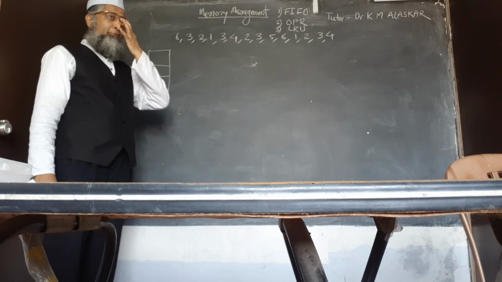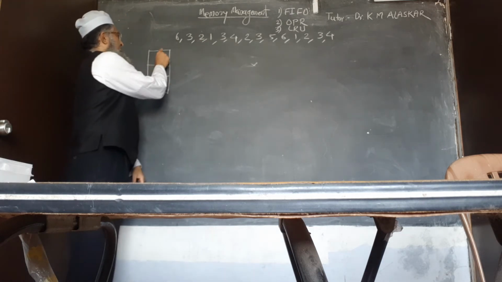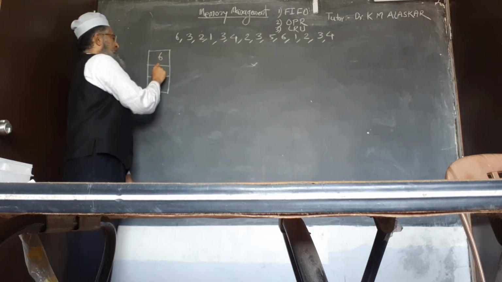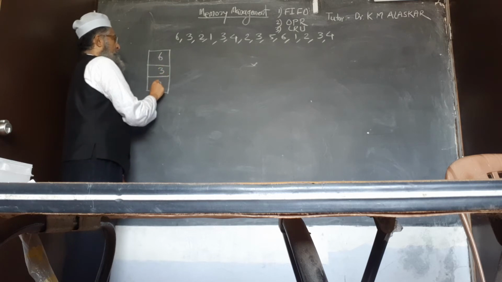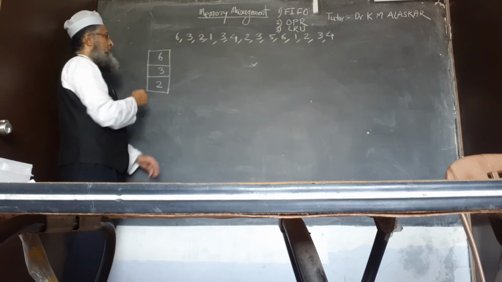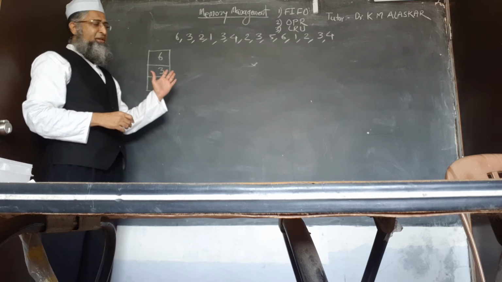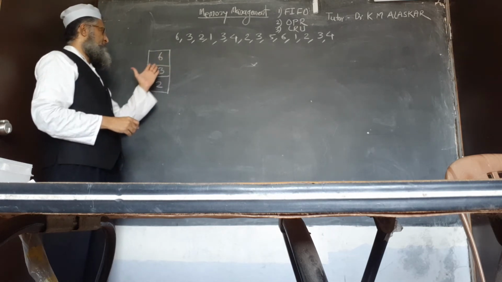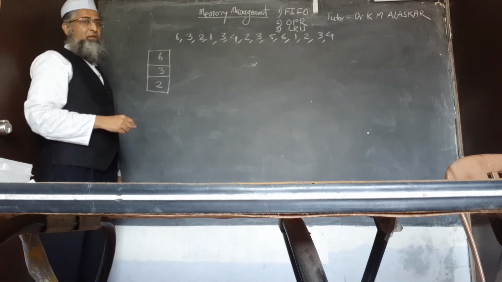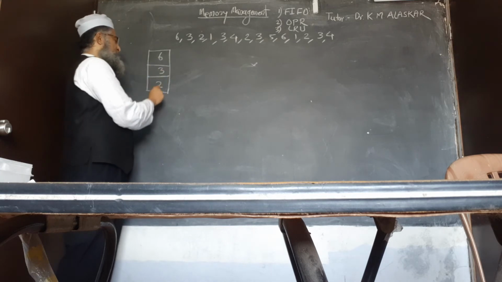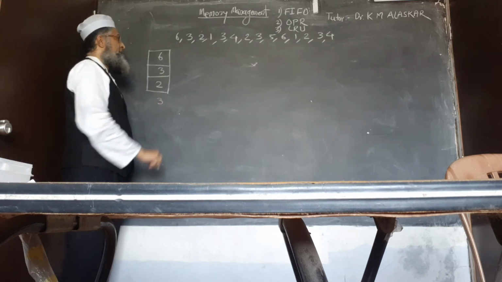As per FIFO, first this is 6, then 3, then 2. We can write them separately also, but for convenience, we are writing directly here 6, 3, and 2. So it requires 3 hits. I will write it here, 3.